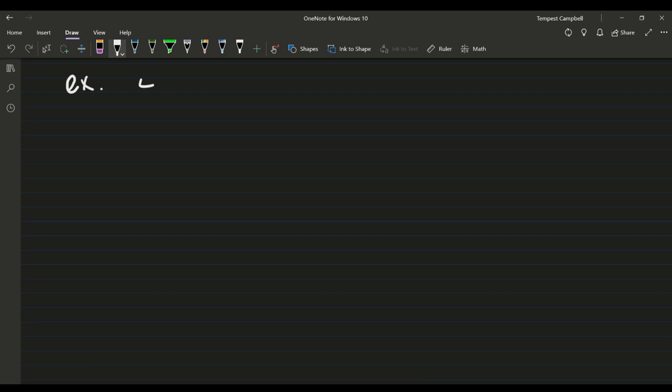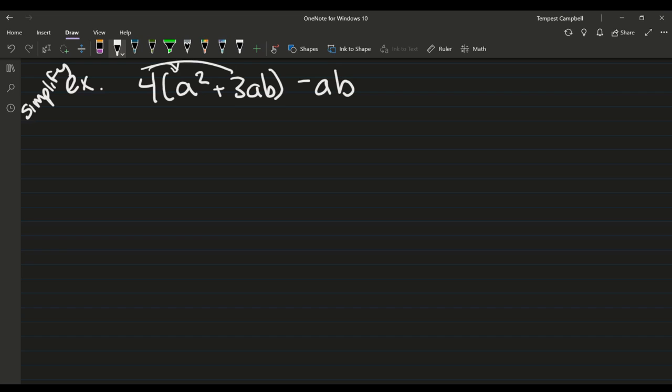All right, if we have 4 times the quantity a squared plus 3ab minus ab, we're going to simplify. So those are our directions, simplify. So we're going to simplify this. The first thing we want to do is distribute because we want to get rid of those parentheses.